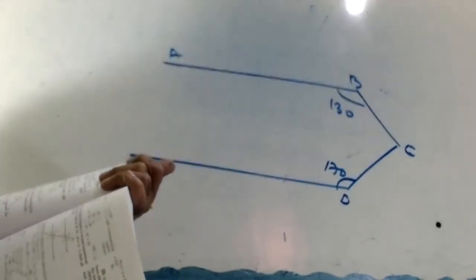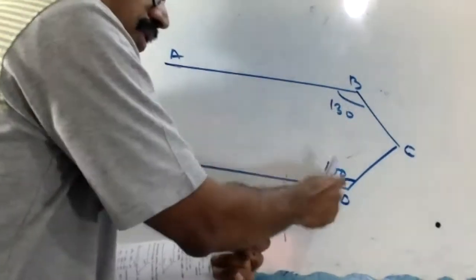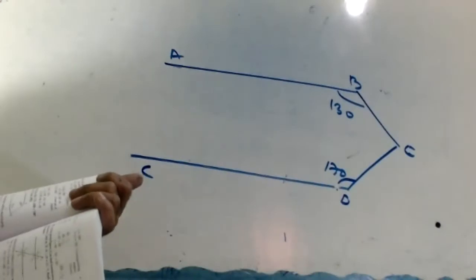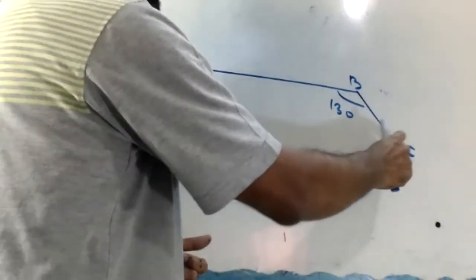Angle ABE 130, this angle 130, this 170. This angle BED we have to find out. Do it now.